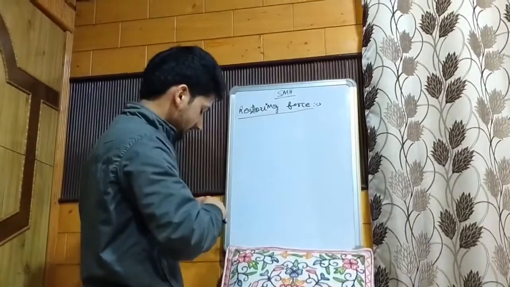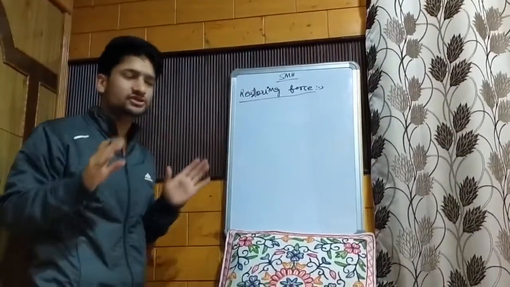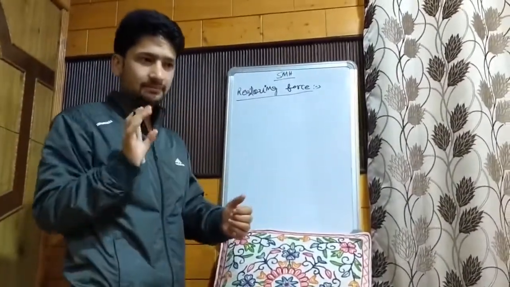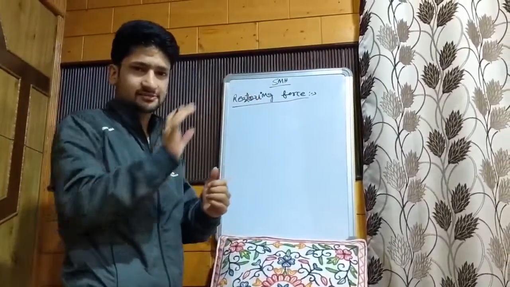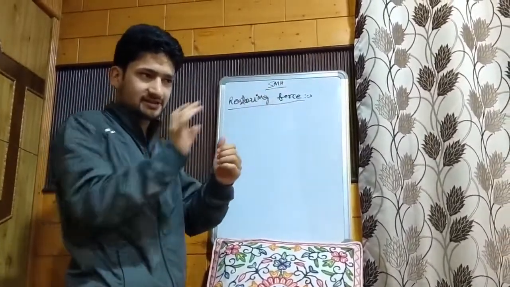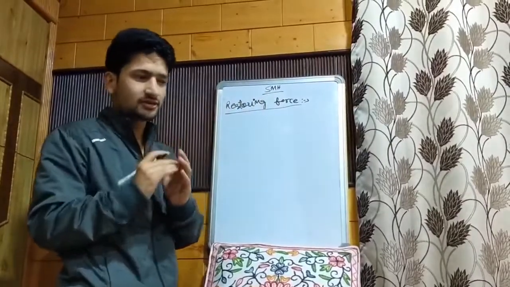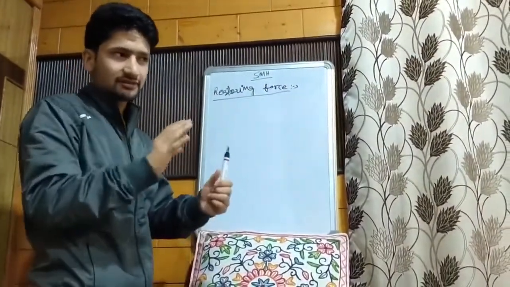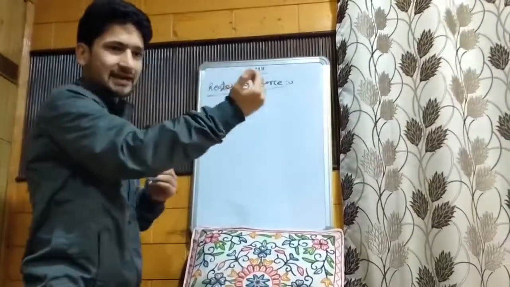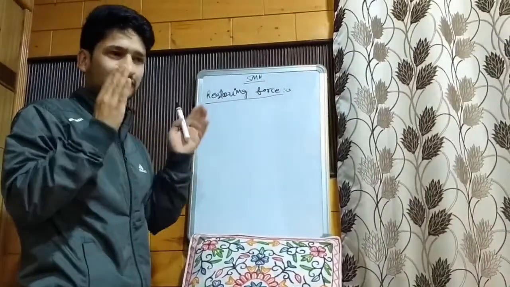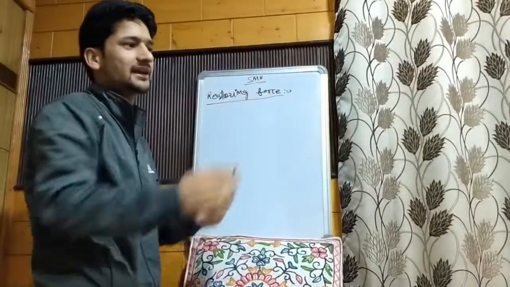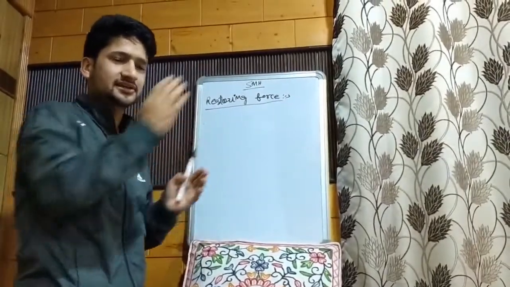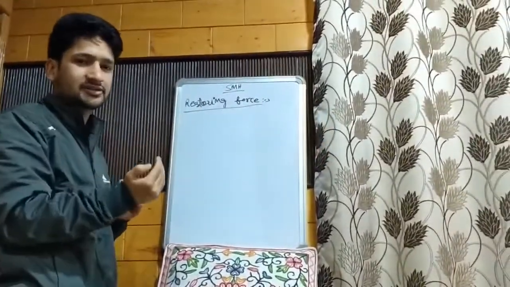Restoring force. When we apply force on a body, the body gets displaced from its mean position to some other position. And when we apply force, the body tends to come back. There actually a force comes into play, and that force tends to bring the body back to its mean position.